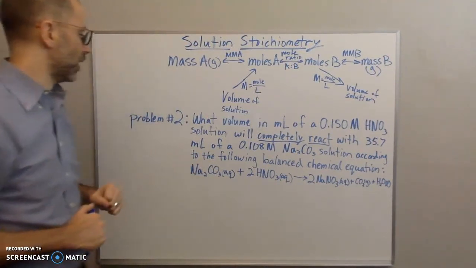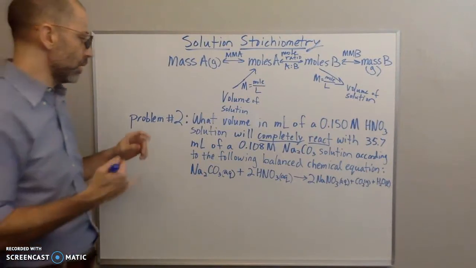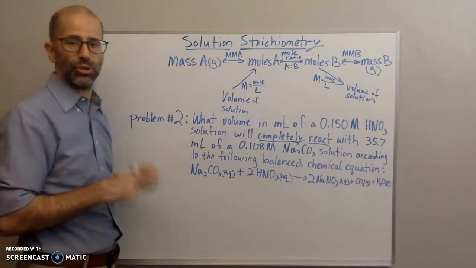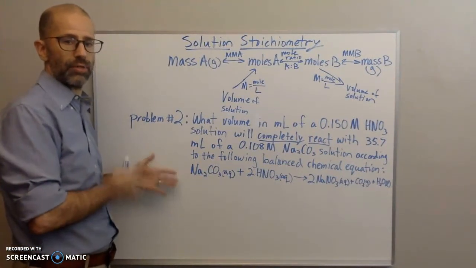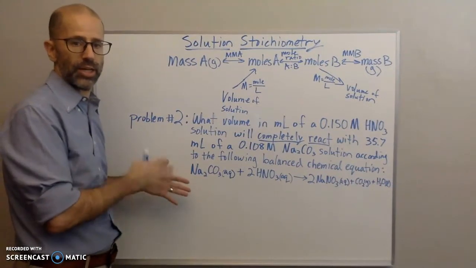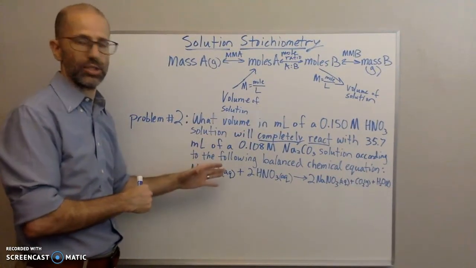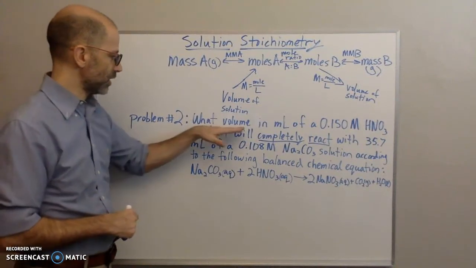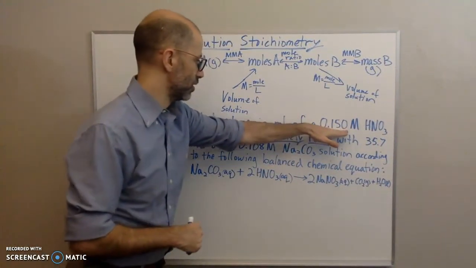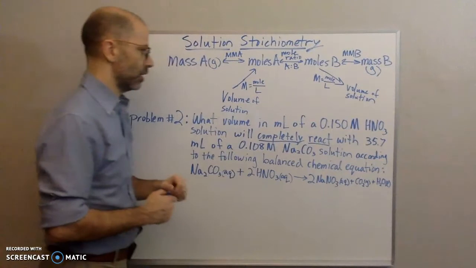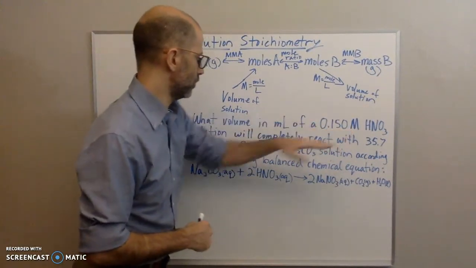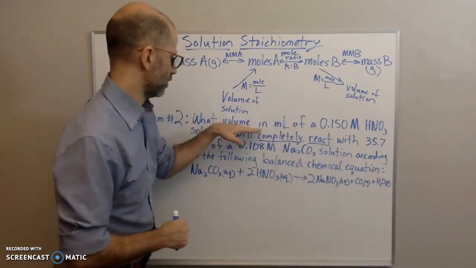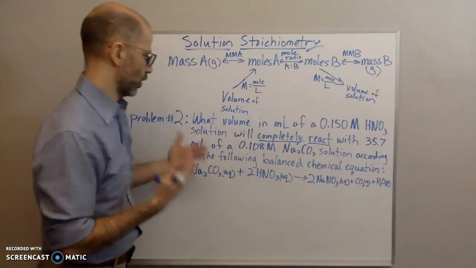Okay, so how do we begin this problem? Since molarity can be used as a conversion factor, we're not going to start there. It's asking for a volume of this substance here, the nitric acid. So that's where we need to get: the milliliters of nitric acid. So where are we going to start?